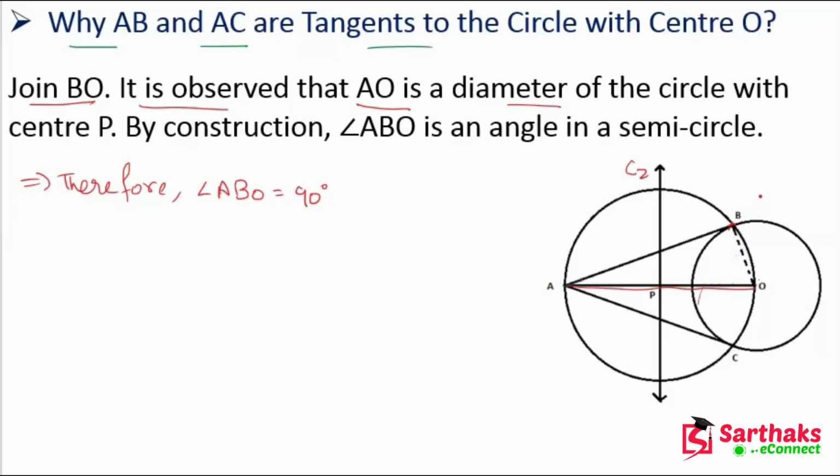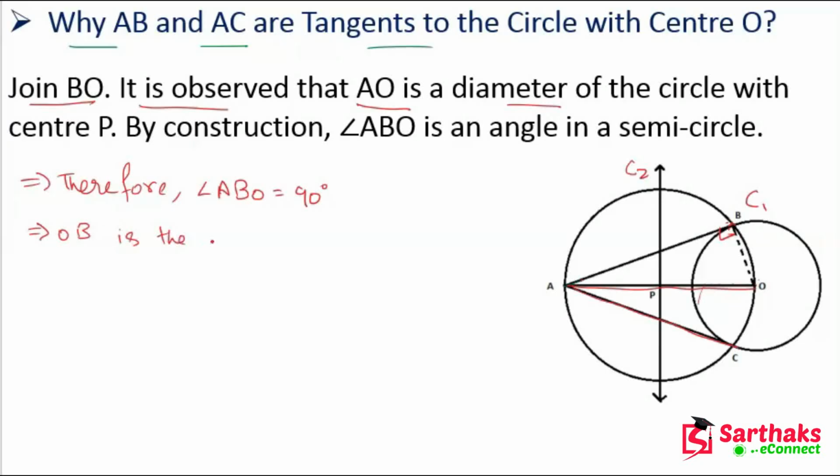OB is the radius of the circle C1, and AB is the tangent through the point B. So this is a perpendicular line. We can say that AB is perpendicular to the radius OB at the point B. So AB is a tangent. Similarly, we can say that AC is a tangent.